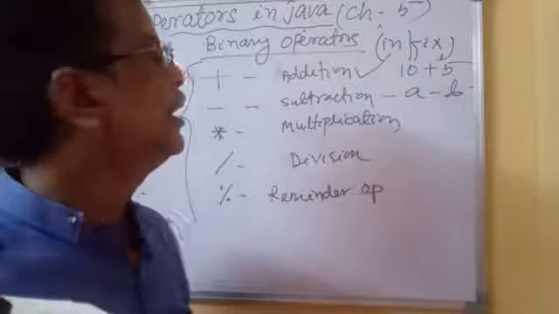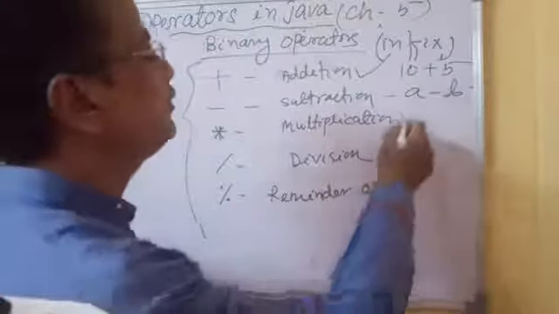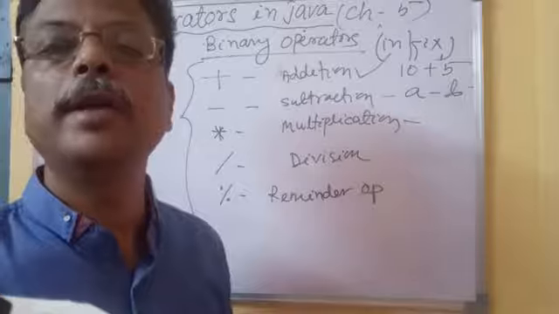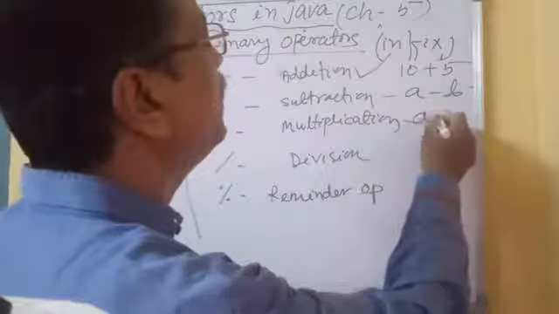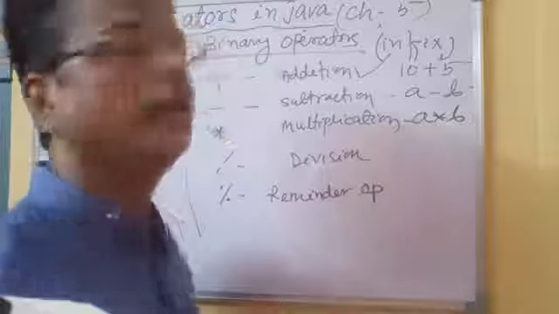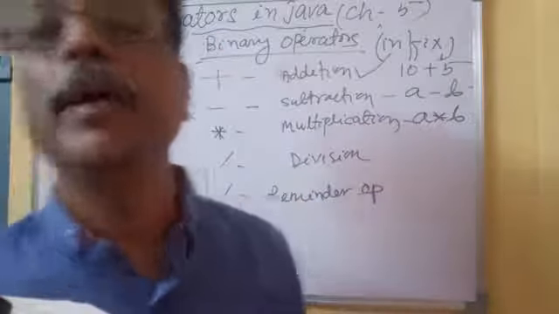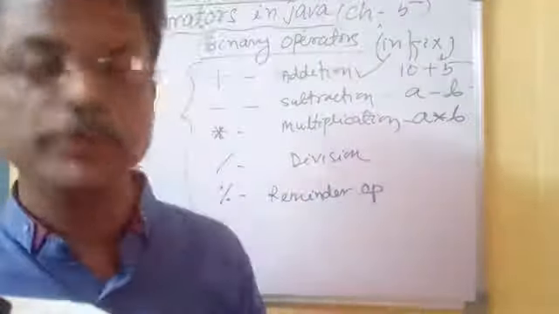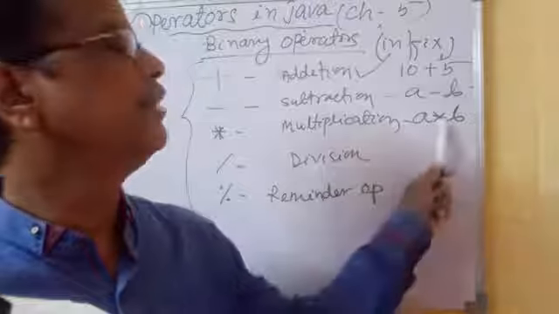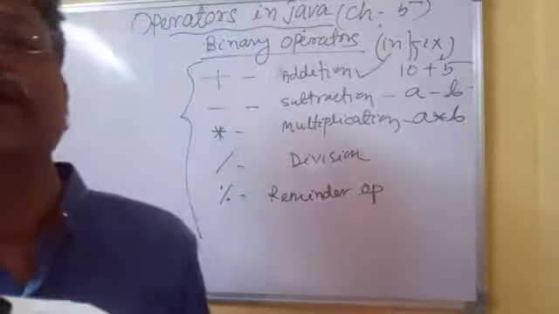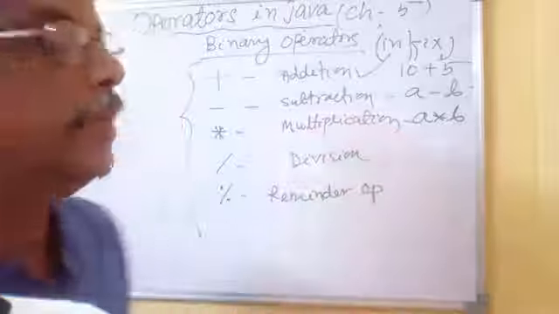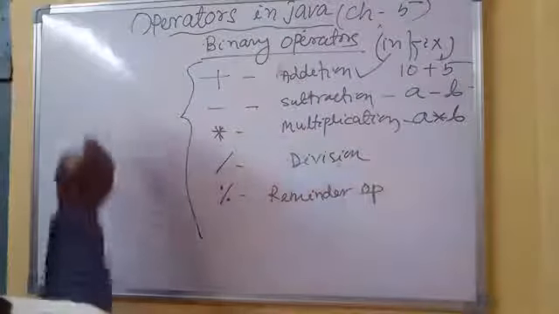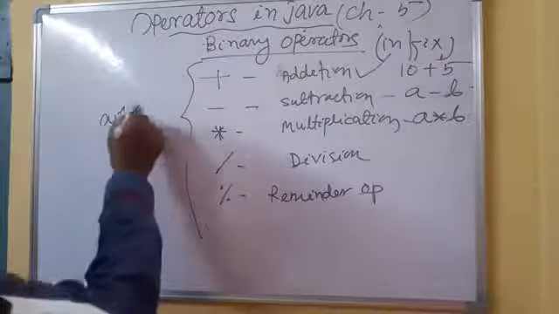Thereafter multiplication. The into sign is not allowed here, the asterisk sign is required. That is a into b. No other way you can represent it. Any multiplication work you want to perform, you have to use the asterisk sign. In mathematics, we write multiplication in a different way, like a(b minus c).